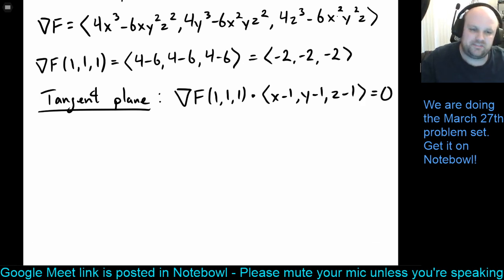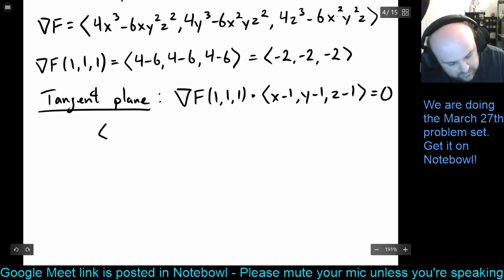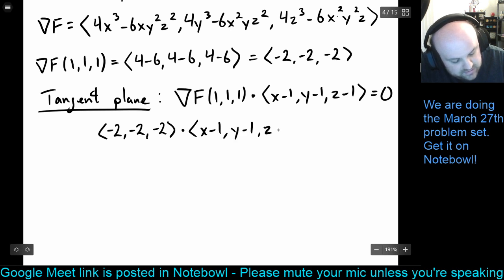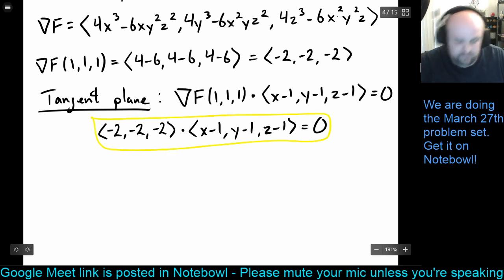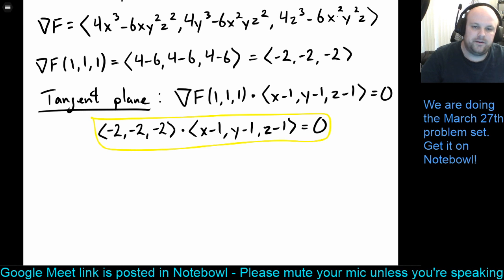The tangent plane is basically always going to take this form. And so let's compute that. We have -2, -2, -2, dot with x minus 1, y minus 1, z minus 1, equals 0. As always, feel free to stop there. That would be perfectly fine. Or you can compute out this dot product if you like.